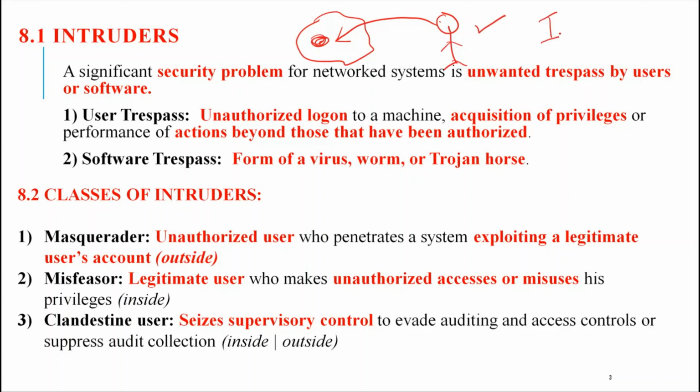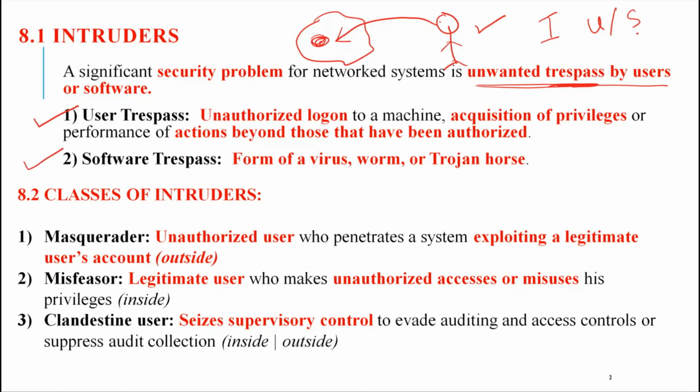So intruder means who is going to do unwanted trespass. Trespass means he is going to enter into your systems. Now this intruder could be a user or it could be a piece of software. So you can see, a user trespass or a software trespass.